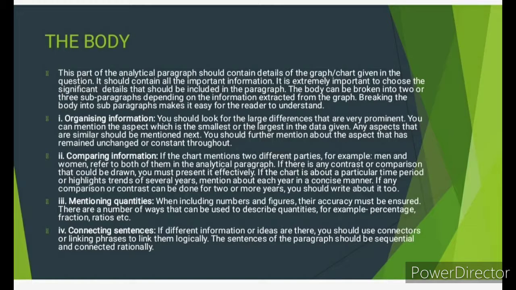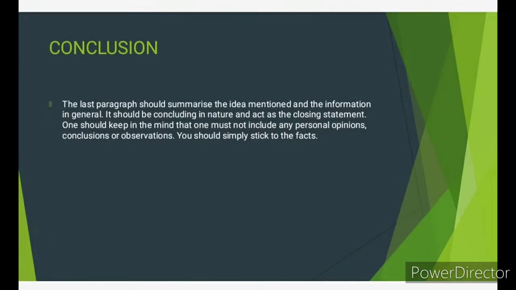If different information or ideas are there, you should use connectors or linking phrases to link them logically. The sentences of the paragraph should be sequential and connected rationally. So you need to maintain the logical sequence throughout. That's very important while writing an analytical paragraph.